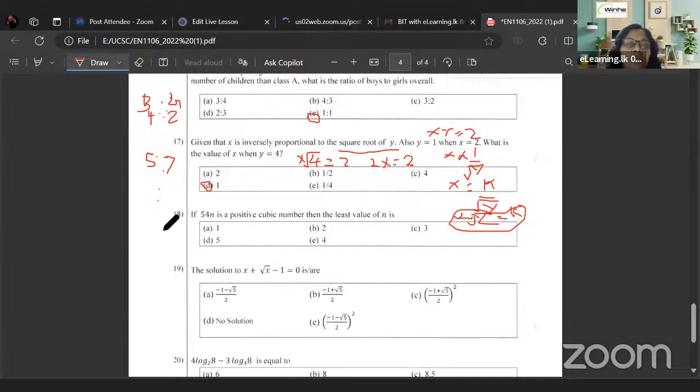You check whether you can write the answer as a cubic number. 54 into 2 is 108. 54 into 3 is 162.